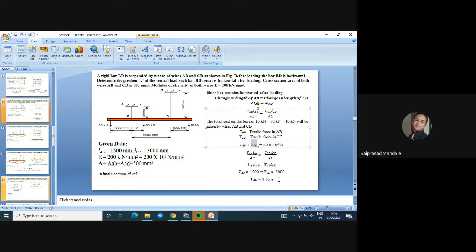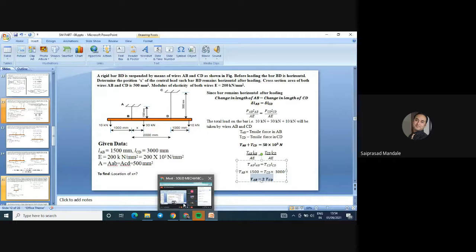Can anybody tell me? You have to use this equation and tell me the tension acting on AB is equal to how much, and tension on CD is equal to how much. Tension in AB plus tension in CD is equal to 50 kilonewton, and tension in AB is equal to 2 times the CD. So tell me how much tension is acting on AB and how much on CD.